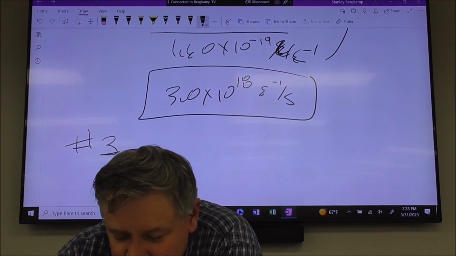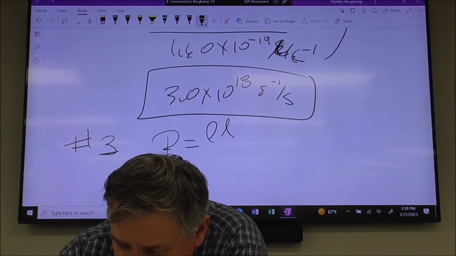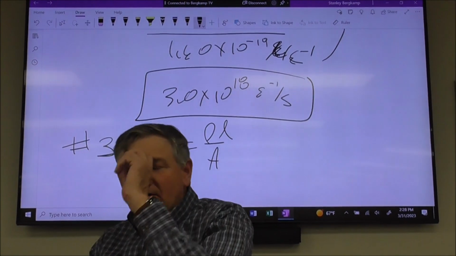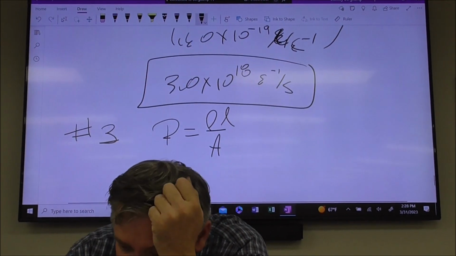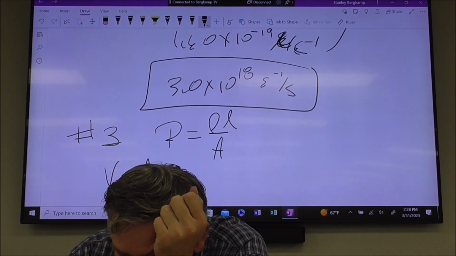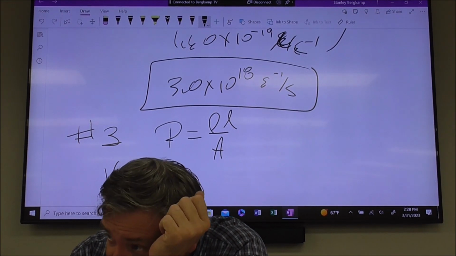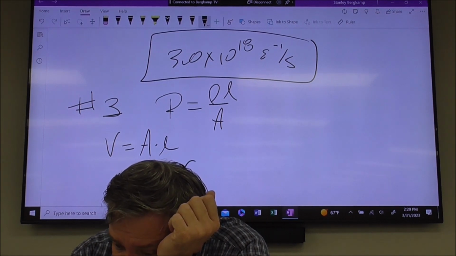When you get to number 3, you have resistance equals rho L over A. Let me give you a hint. This is something else you should be fluent in: volume is the cross-sectional area times your length. So if you solve for area, that's volume divided by length.